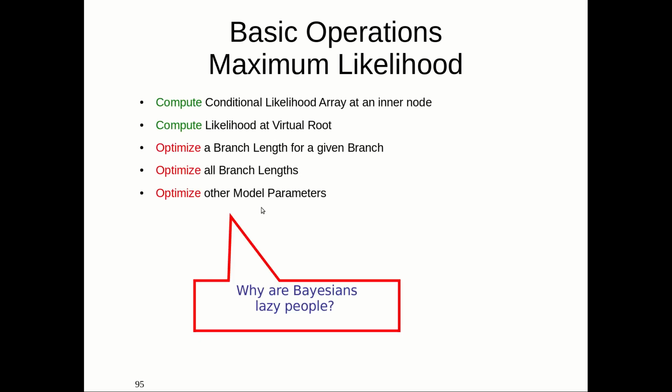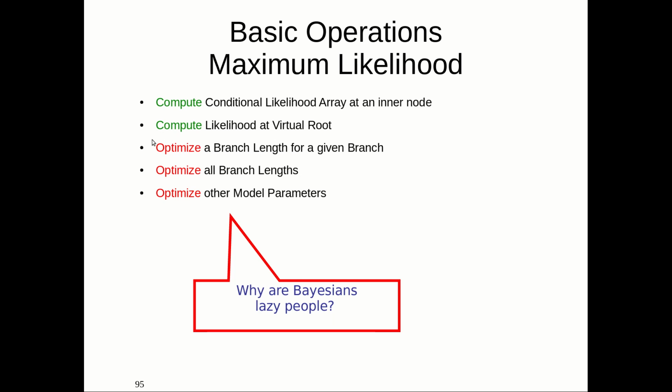Right, so here's a key question. Why are Bayesians lazy people? So the key thing in maximum likelihood, when implementing maximum likelihood programs, is that getting those optimization routines to work properly or to work well is very difficult and tricky, right?